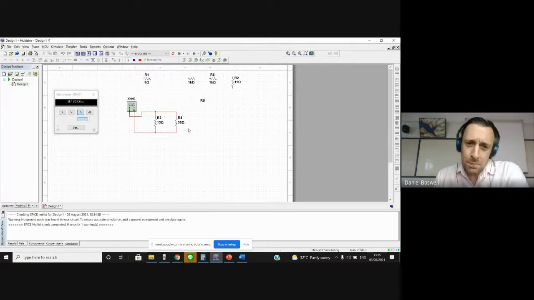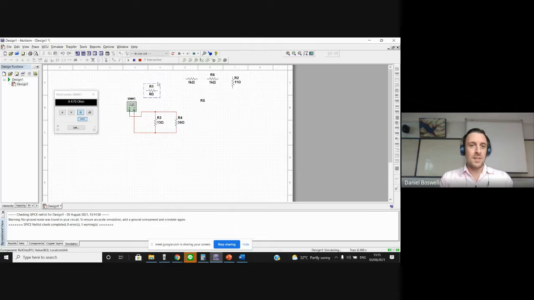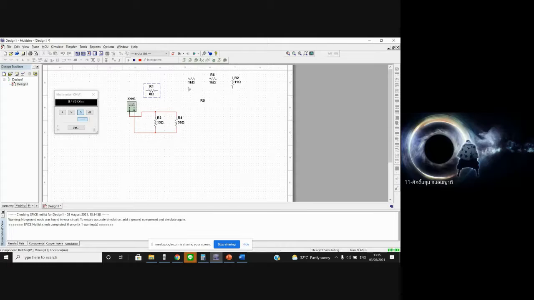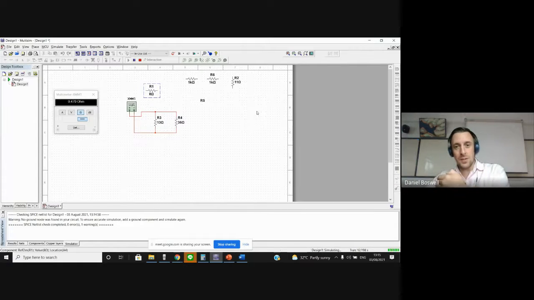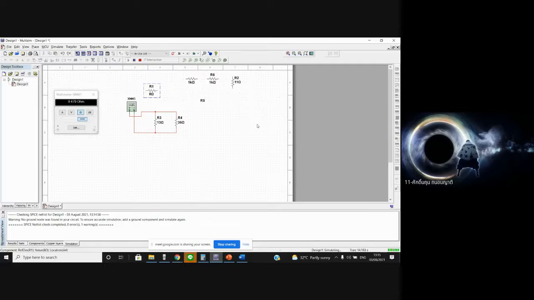Always remember, all we're doing is 1 divided by the resistor, add 1 divided by the resistor. So we have 1 divided by R1 plus 1 divided by R2 plus, and so on.